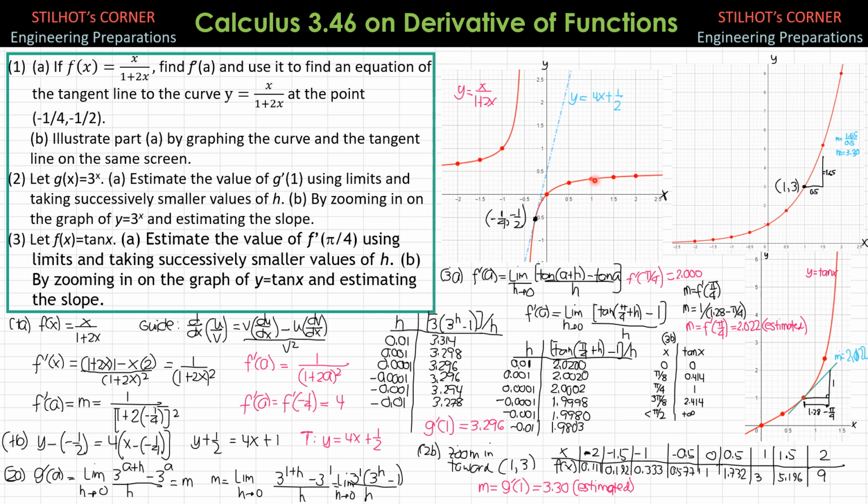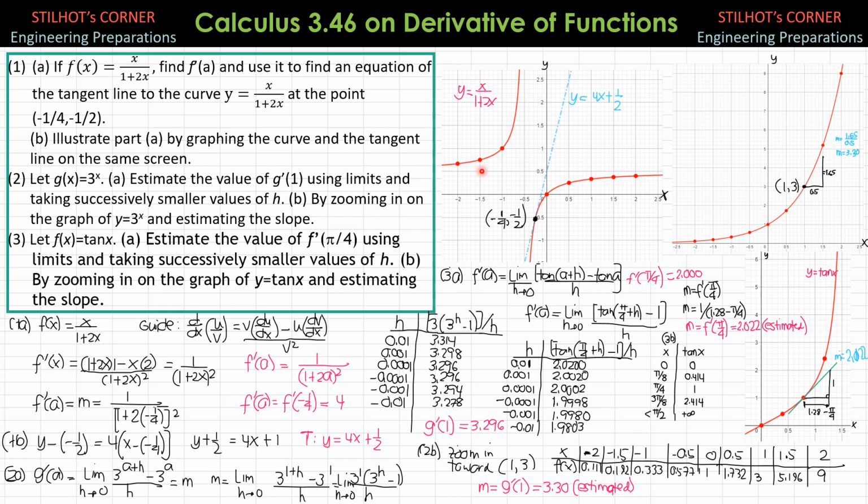So 1/3 is 0.333, and 1.5 over 4, 0.375. Then when x is 2, 2 over 1 plus 2 times 2, so 2 over 5, 0.4, and so on and so forth. So I think this portion of the graph would be enough.